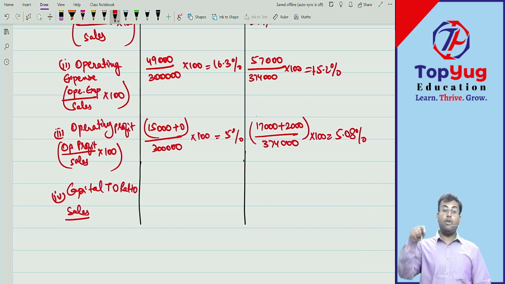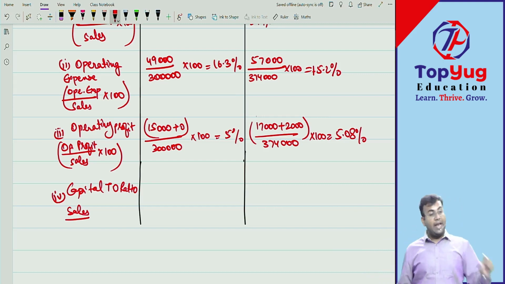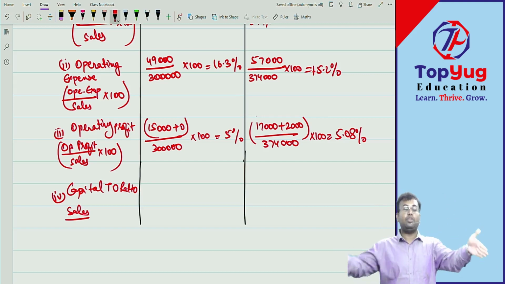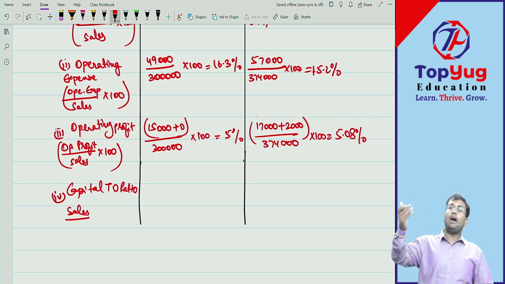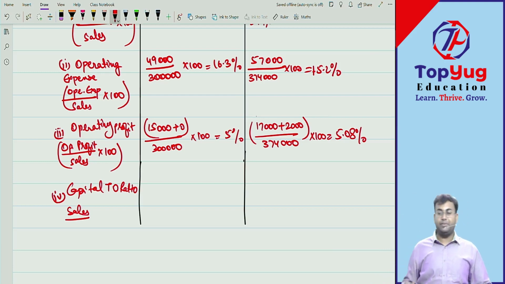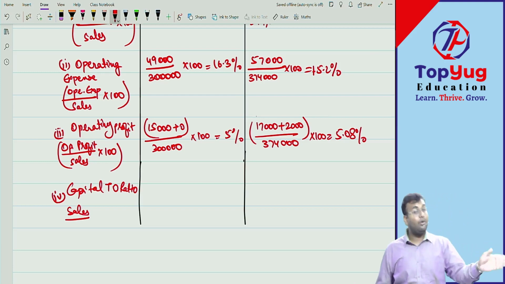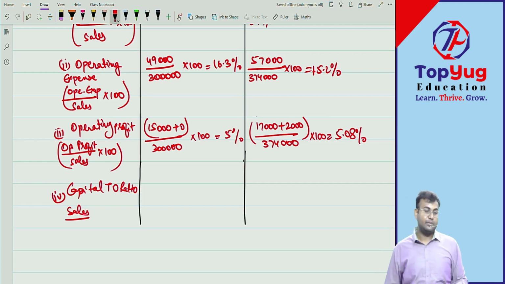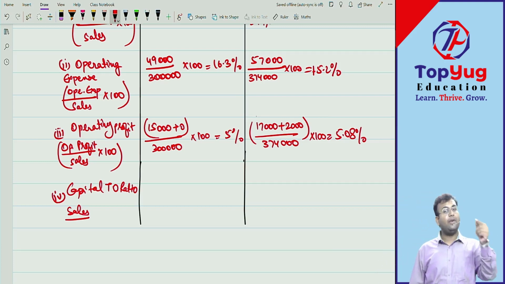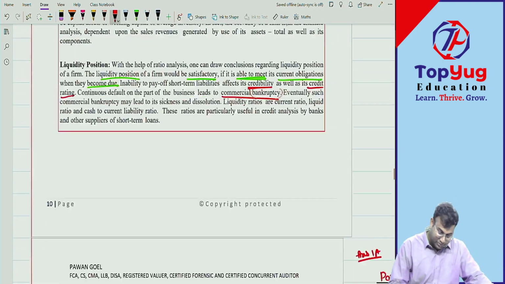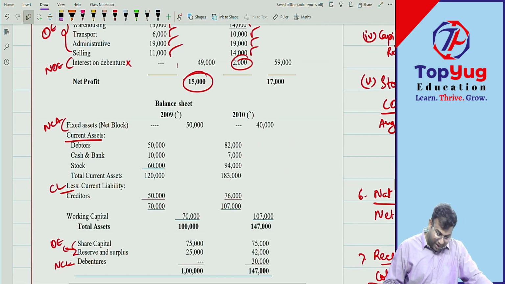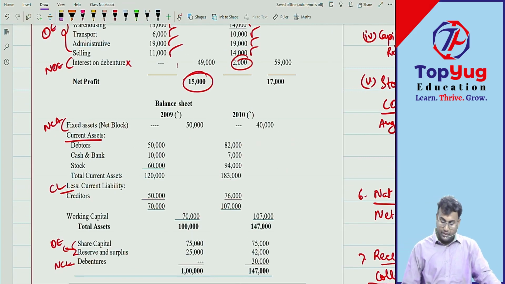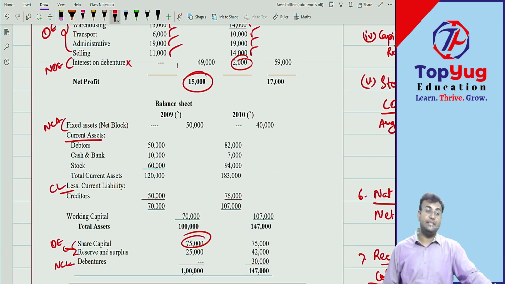Sir, reserves belong to whom? Equity. And reserves is nothing but the accumulation of profit over the years. Correct? And you are able to generate current profit of 15,000 because you had accumulated profits. If you had only equity of 75,000 but without retained earnings, would you be able to earn the same 15,000?